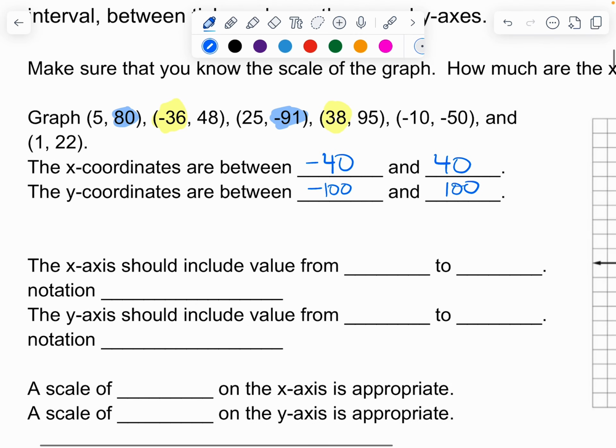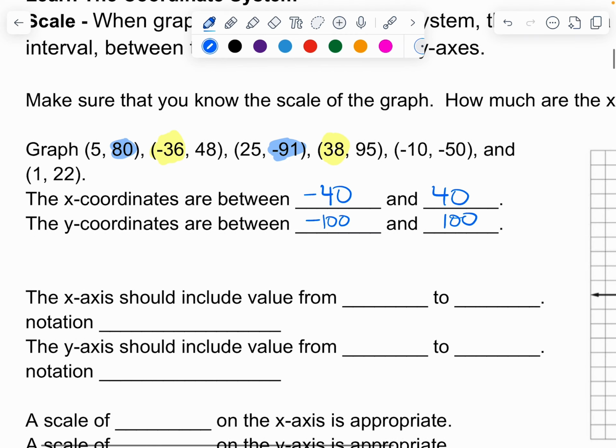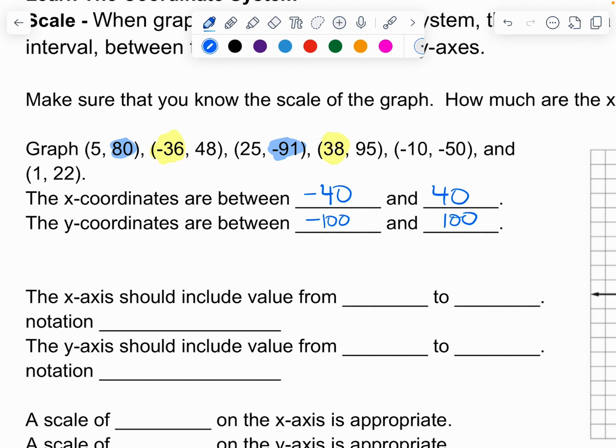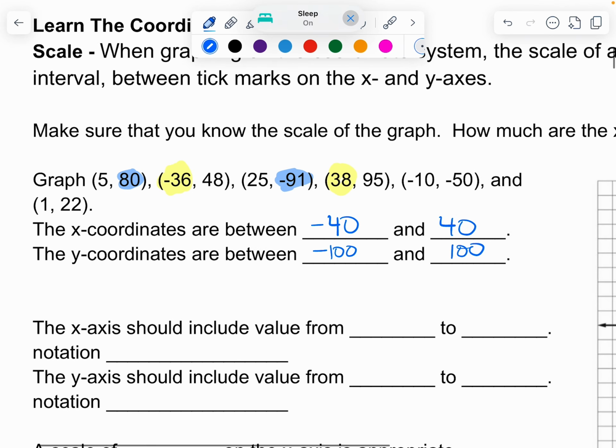The x-axis should include value. Oh, sorry. I apologize. I was doing the one from down below. Okay, so the lowest one was negative 36.